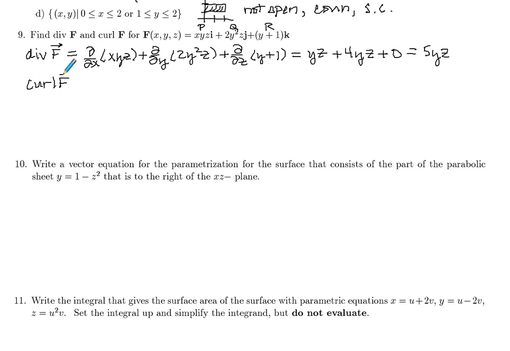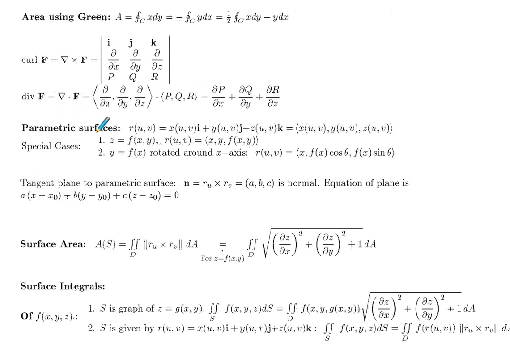So curl f is the gradient vector cross f. So you do ijk in the first row, derivatives in the second row, PQR in your third row. Okay, and if you don't mind, let me just copy this over.